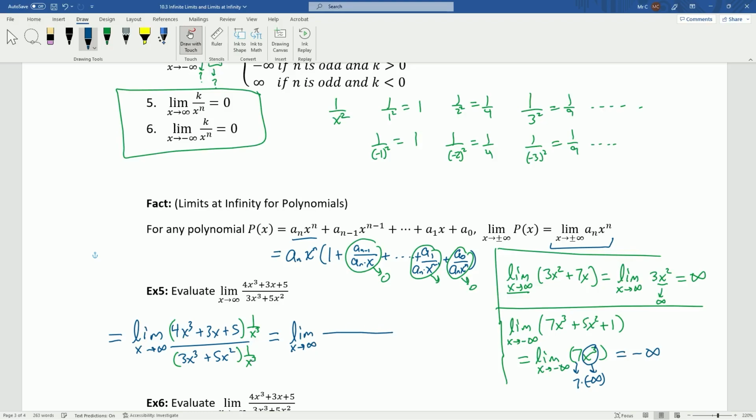So let's see what happens when I distribute this. I get 3x cubed over x cubed, that's 3, plus 5x squared over x cubed, that's 5 over x. And I multiply across the top, I get 4 plus 1 over x cubed times 3x. x over x cubed is 1 over x squared, plus 5 over x cubed.